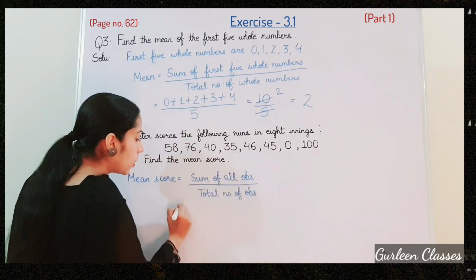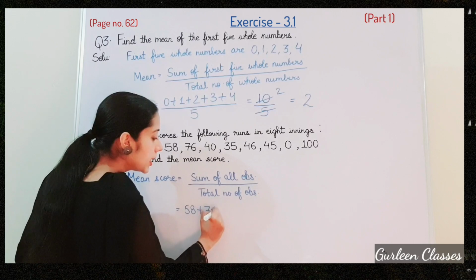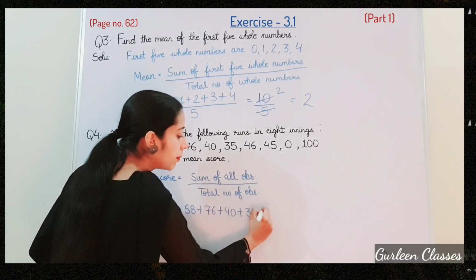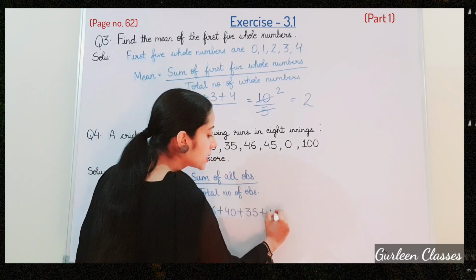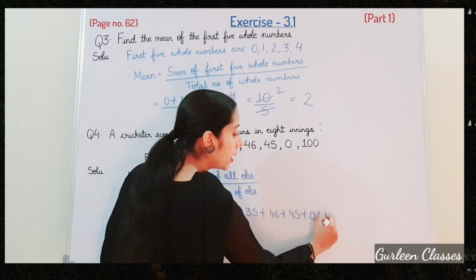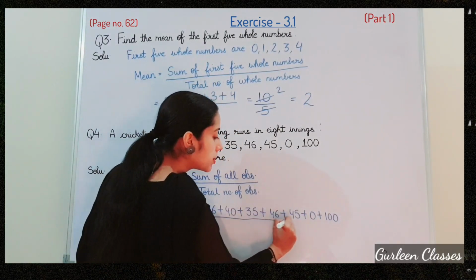So let us find out the sum. 58 plus 76 plus 40 plus 35 plus 46 plus 45 plus 0 plus 100 upon total number of observations.